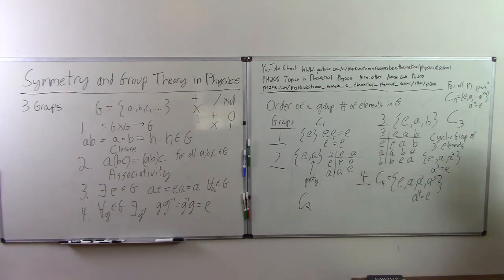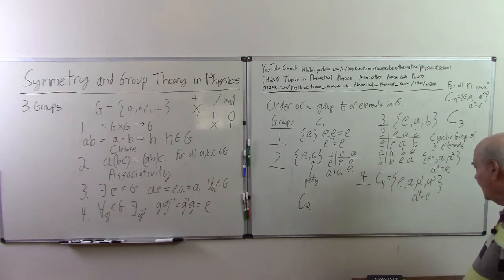And this is, as I said, the cyclic group of n elements. It has some uses here and there, but for the most part, we won't find it that useful.